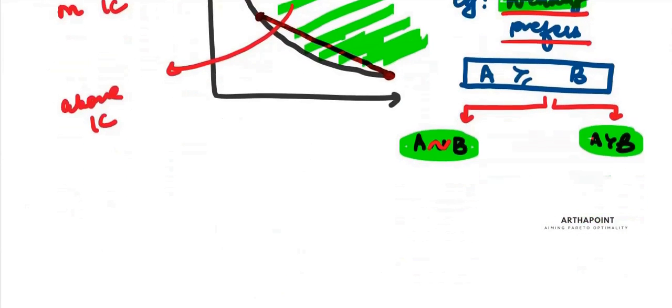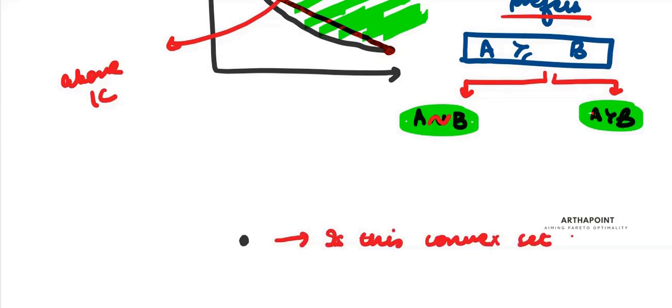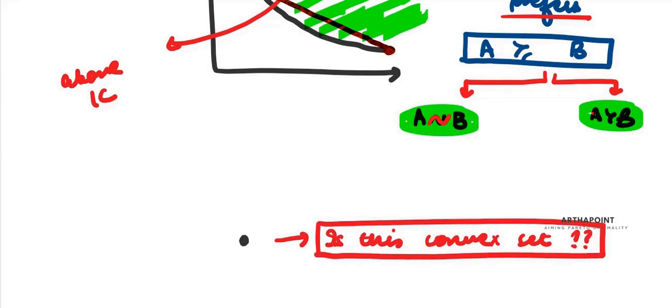Now, I have a question here which you have to think and answer. I'm taking a dot. And I'm asking, is this dot a convex set? This is the kind of question they will ask in DSC from microeconomics.